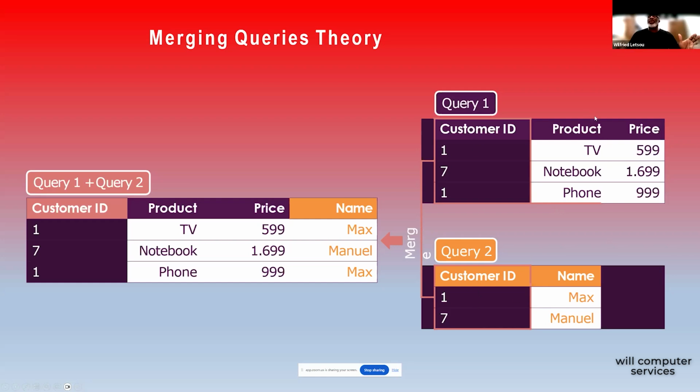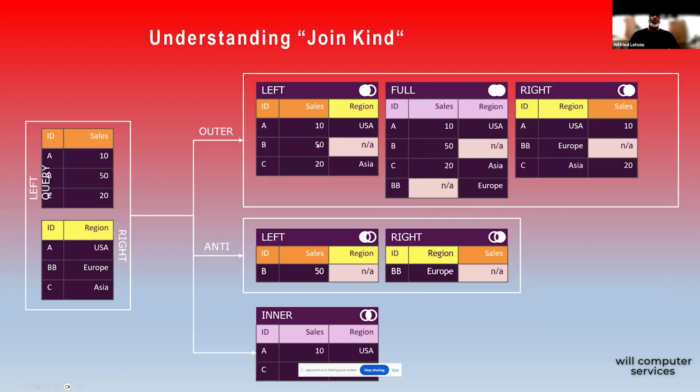How can we combine the two tables to make them one? That's what we use a technique called merging. And in here, we use another technique, the full join, and it gives us A, B, C, B, B, because we want to full join, add the two, and make them one.